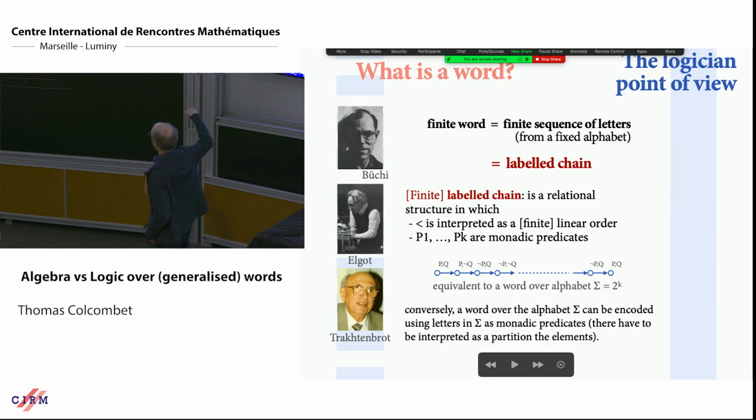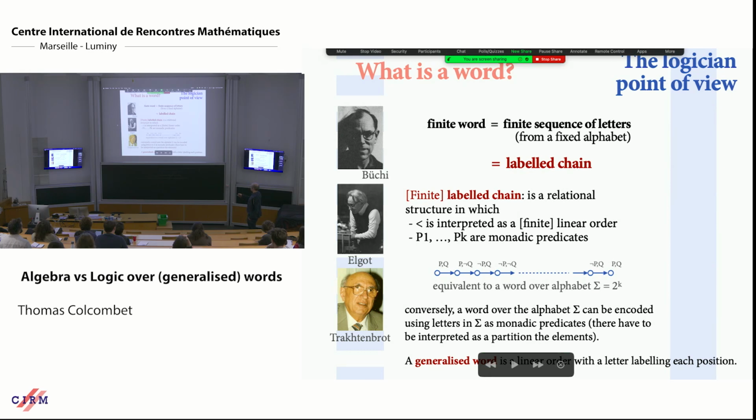So you always have to jump between these two things depending on whether you want to be on the logic or the algebra side. But this is not a problem. Sometimes I will use the term generalized words for words that correspond to labeled chains, so words that I do not require to be finite. They are infinite linear orderings, and on each of the positions I put a letter.